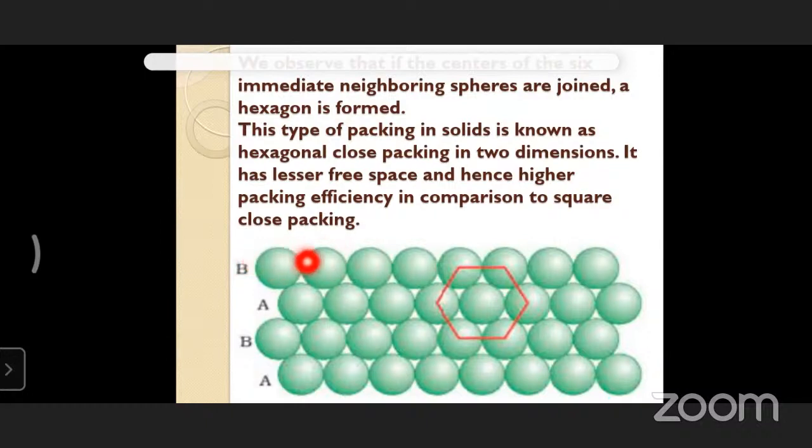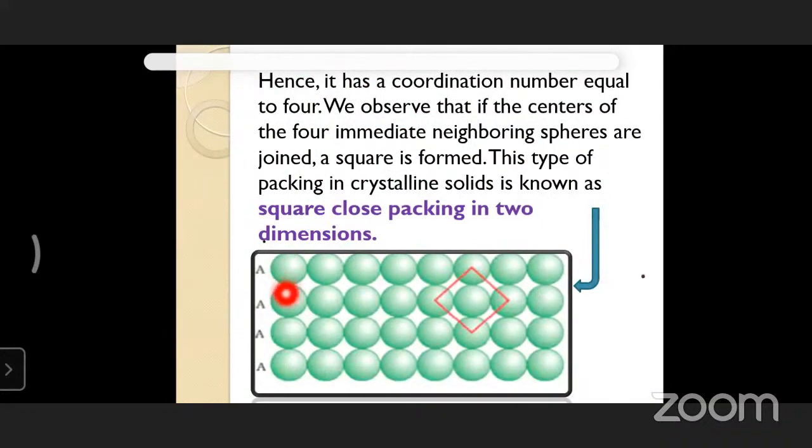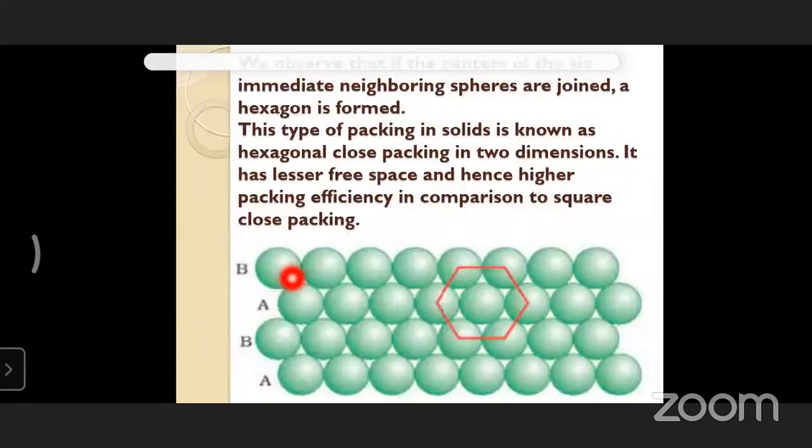All the atoms are arranged in this manner. In the previous one, you observe A below A only, the same atom below the atom, and the arrangement is in a similar manner as the upper layer. Yes or no?